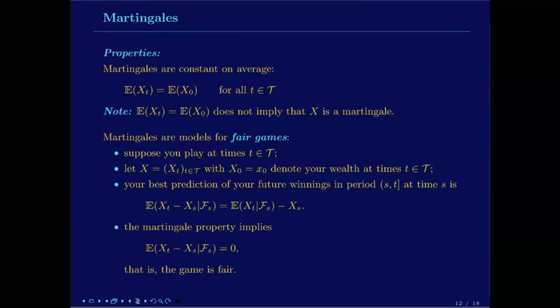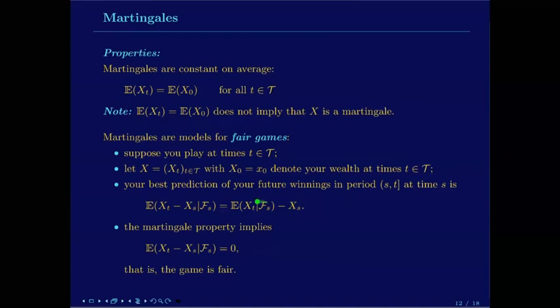So after having played, our best prediction of the future winnings, so the winnings are how your wealth changes, would be conditional on the information you have at time s. Then it would be the conditional expectation of x_t given F_s minus x_s, which is known at time s.